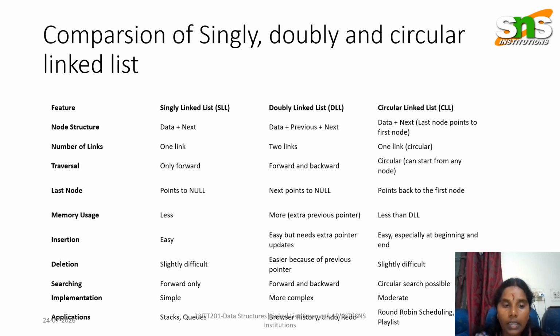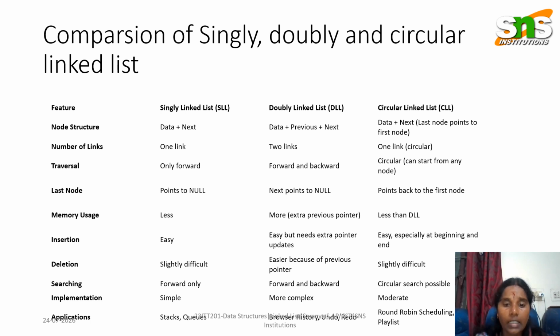Searching is forward only in the singly linked list, forward and backward in the doubly linked list, and in the circular linked list searching is possible from any node. Implementation is simple for the singly linked list, more complex for the doubly linked list, and moderate for the circular linked list.